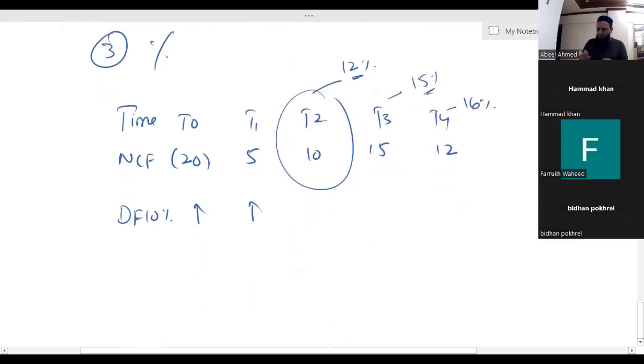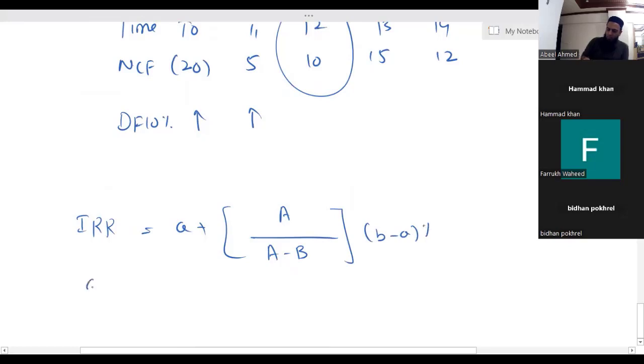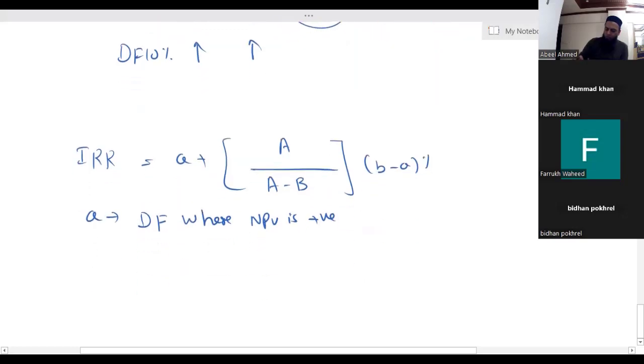I just want to write a formula, even though it is no more needed. Capital A is the positive NPV, at the discount factor small a. We know that small a is the discount factor, the cost of capital, where NPV is positive. A is also called the lower discount factor.